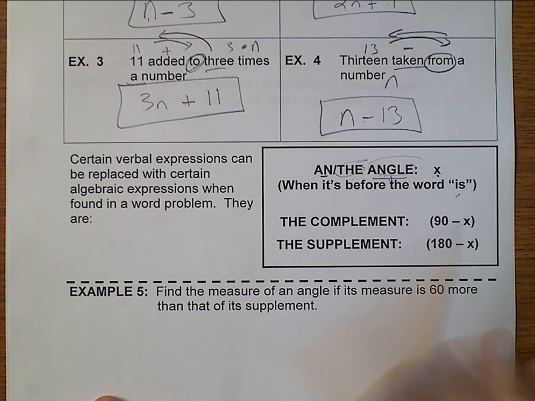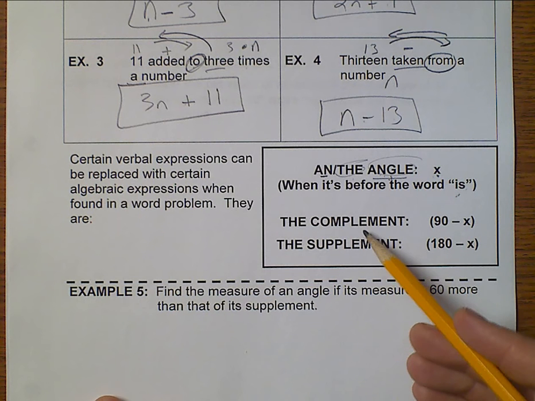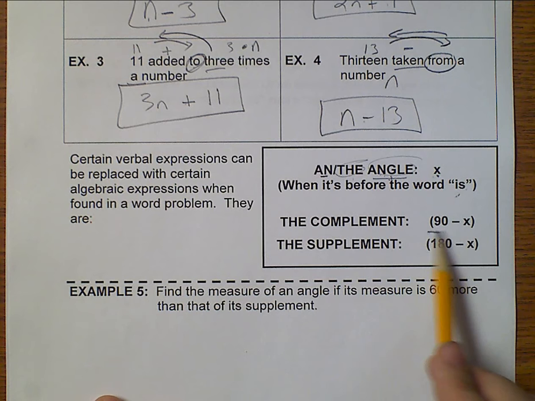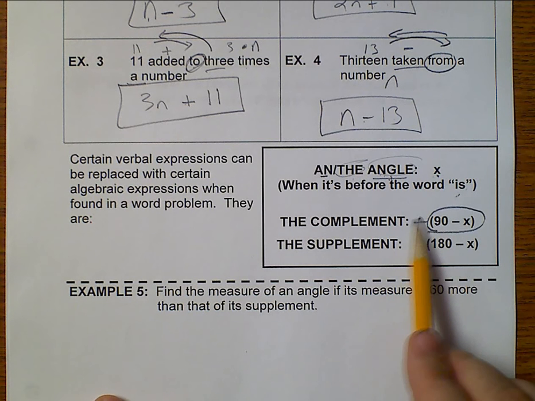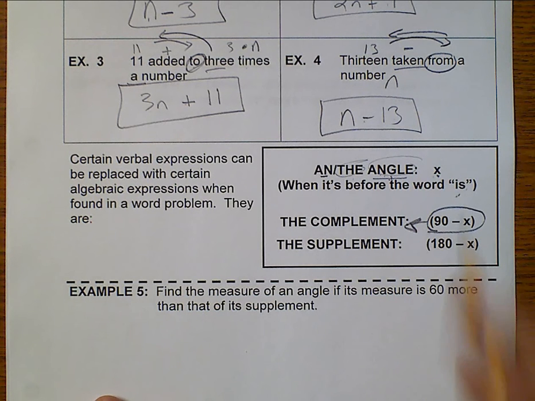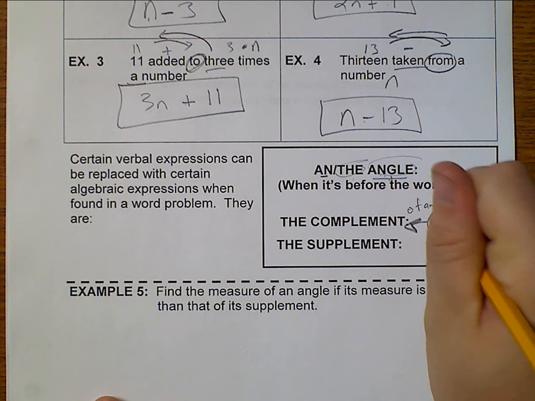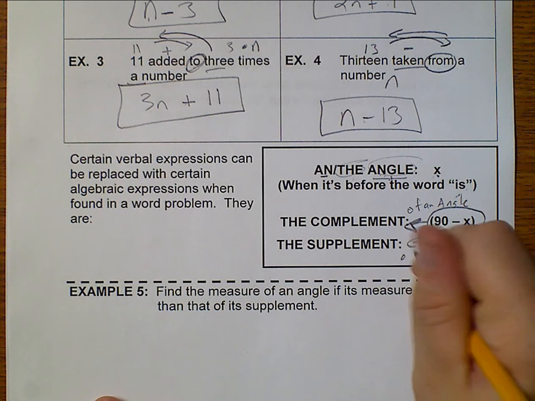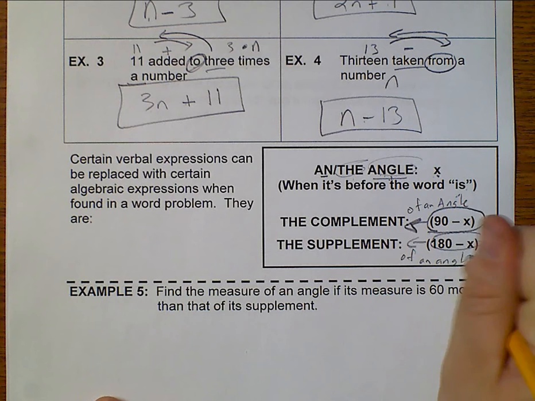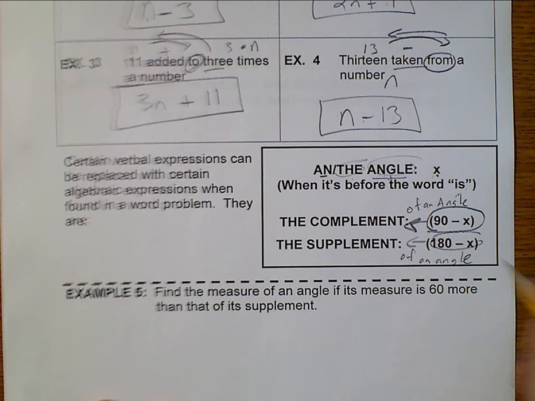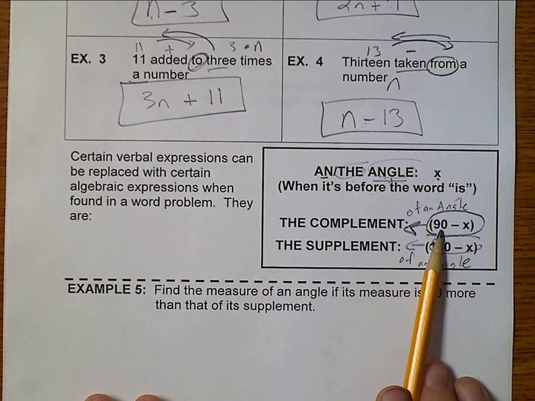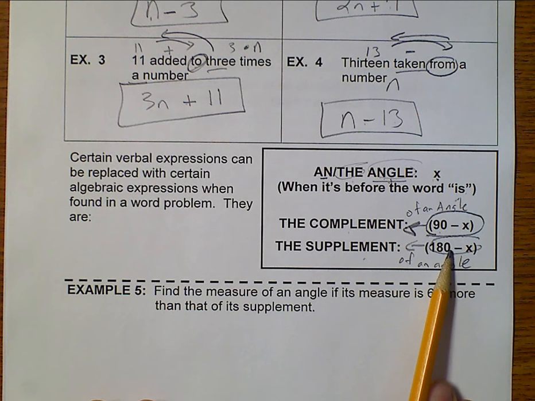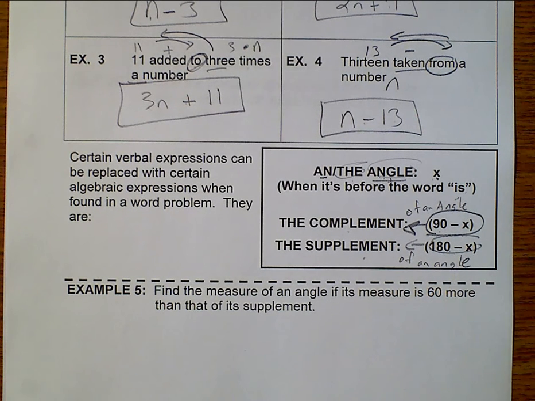Now if it says the complement of an angle, this is the complement of an angle. And this would be the supplement of an angle. So if it says complement, we have this. If it says supplement, we have that.